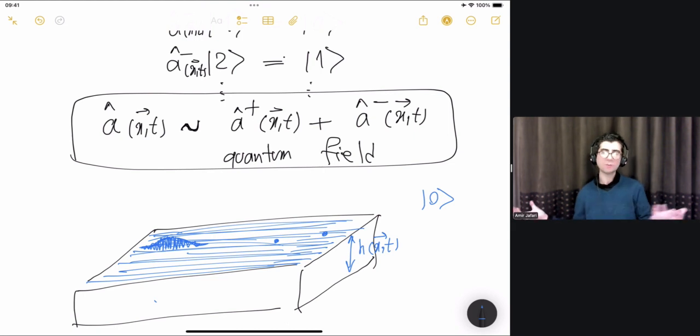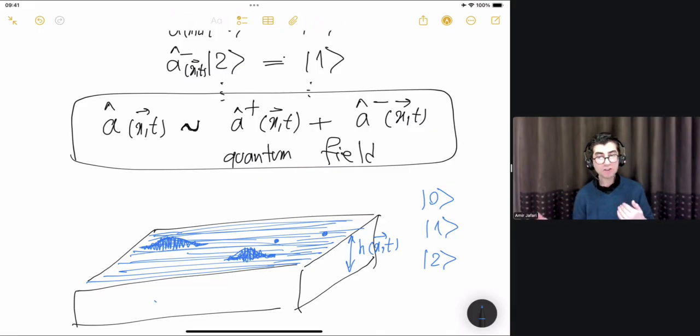This is ordinary quantum mechanics. So waves are particles. If you have one wave, you are in a one particle state. If you have two waves propagating here, you are in a two particle state, and so on and so forth. This is quantum mechanics.